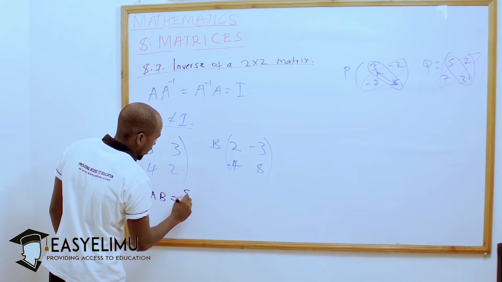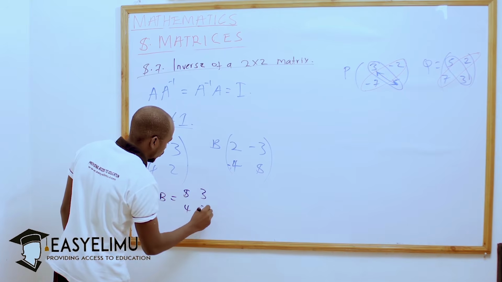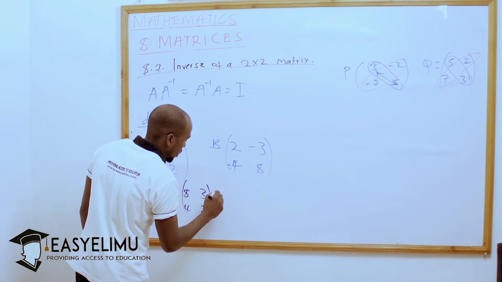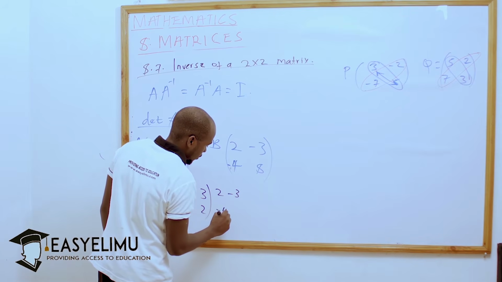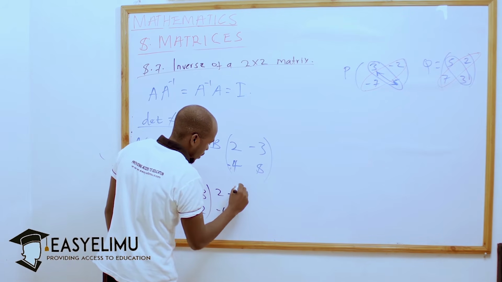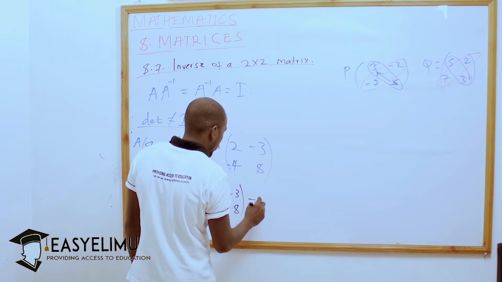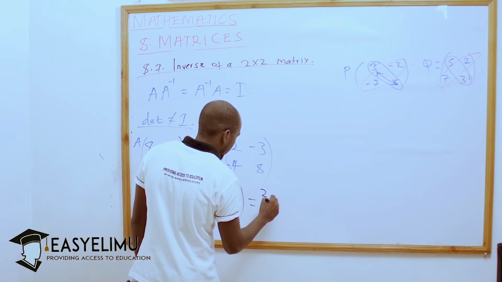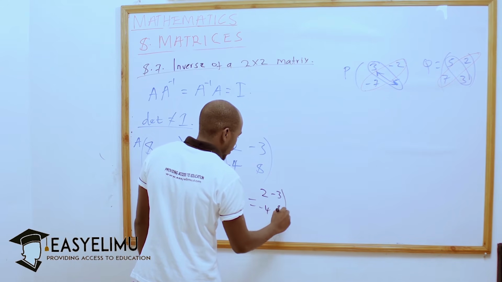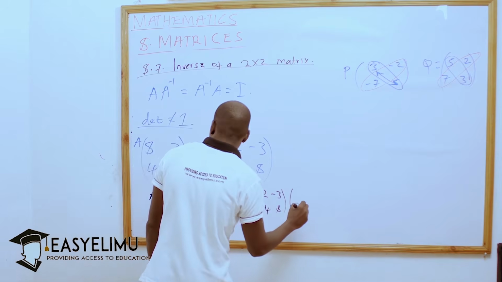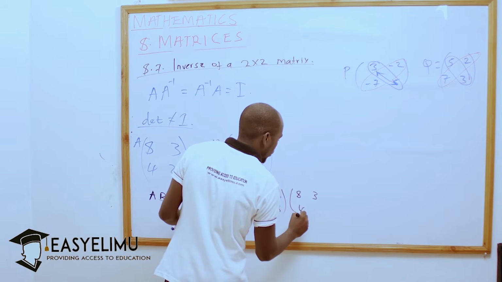We shall take 8, 3, 4, 2 and multiply it by 2, negative 3, negative 4, 8. We said if it is an inverse, then it should be equal to taking 2, negative 3, negative 4, 8 and multiplying it by 8, 3, 4, 2.